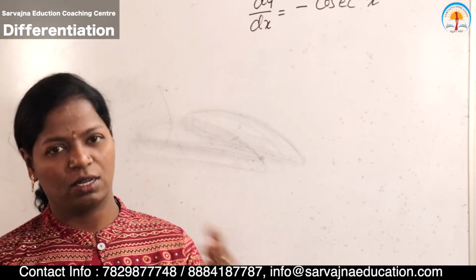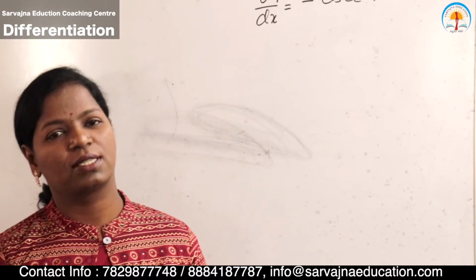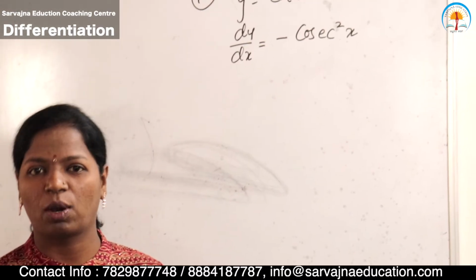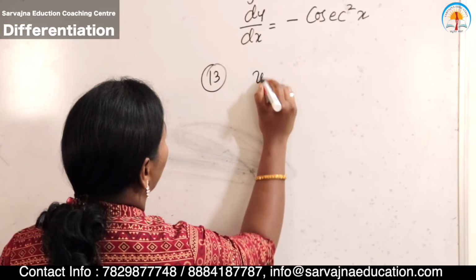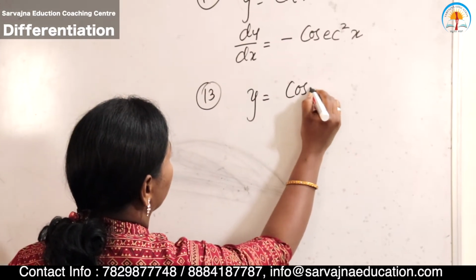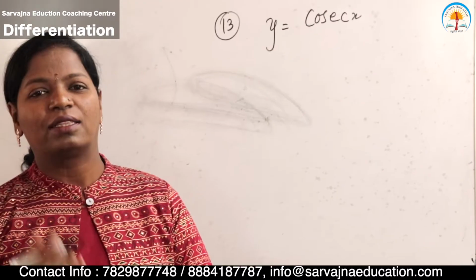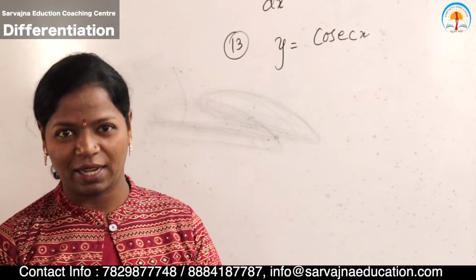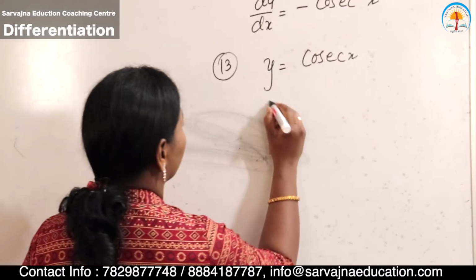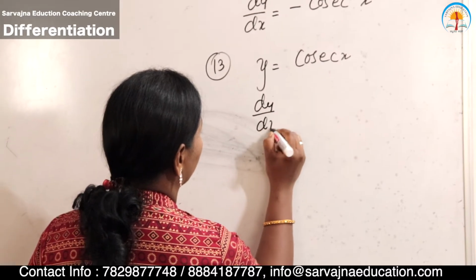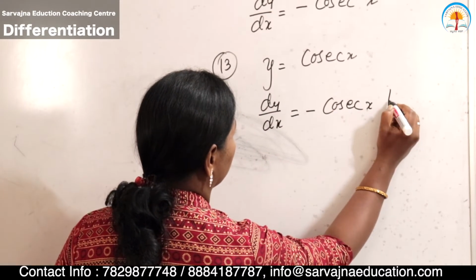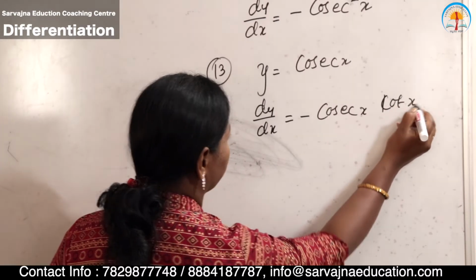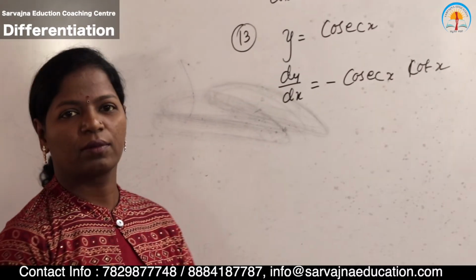Wherever the cosecant is there, cot will be there, and wherever the cot is there, cosecant will be there in the formulas. So the 13th one, y is equal to cosecant x. The differentiation of cosecant x is dy by dx is equal to minus cosecant x cot x.